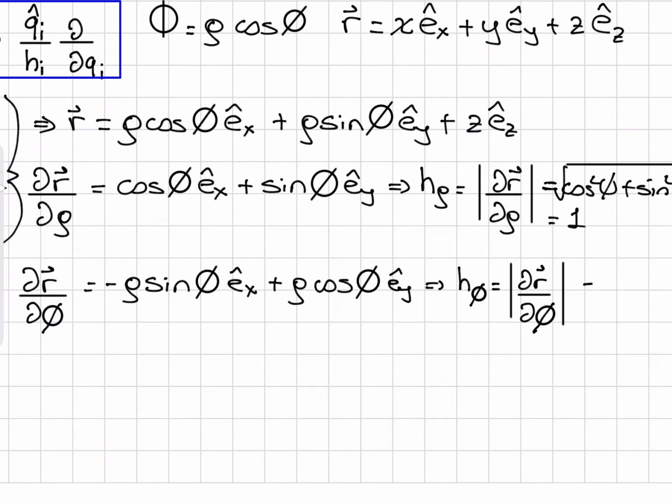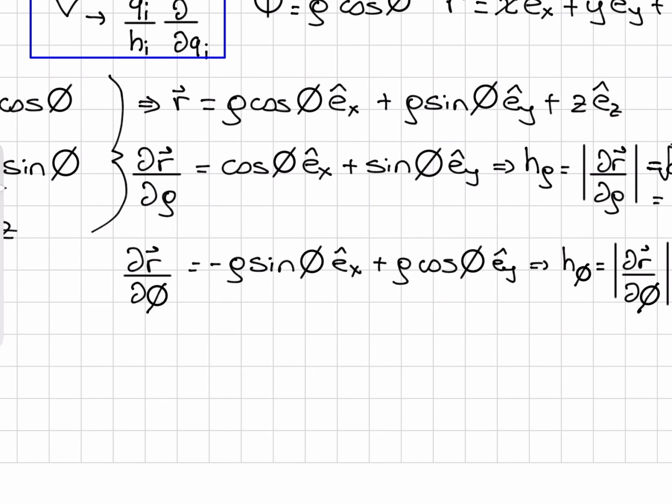Therefore, this is going to be equal to rho. And finally, I have the scale factor for the z component, del r del z. Del r del z is simply equal to ez hat, implying that the scale factor is 1.